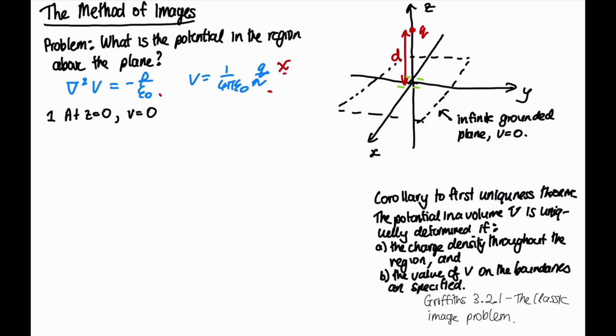The second thing we know is that V goes to 0 a long way from q. So as x, y, and z get bigger, this is all going to go to 0. Mathematically, this is when x squared plus y squared plus z squared is much bigger than d squared, when we're a long way away from our charge.